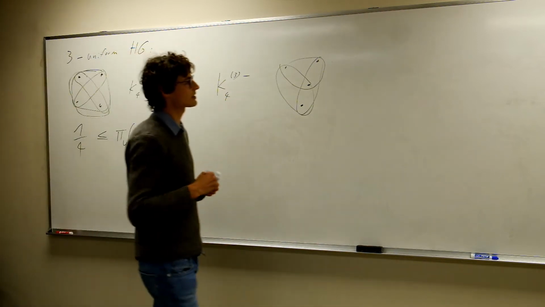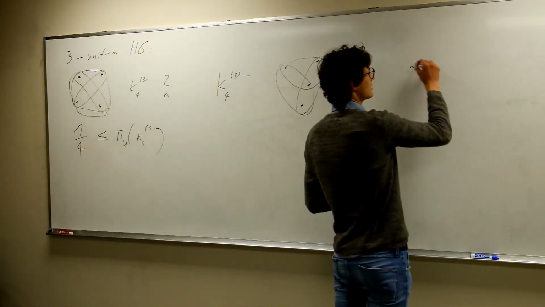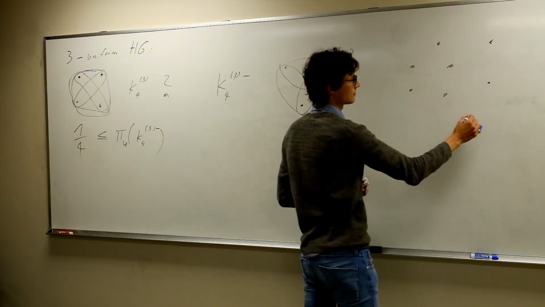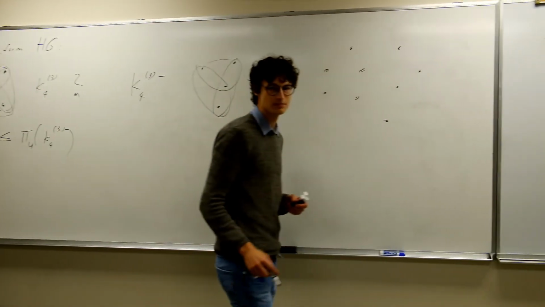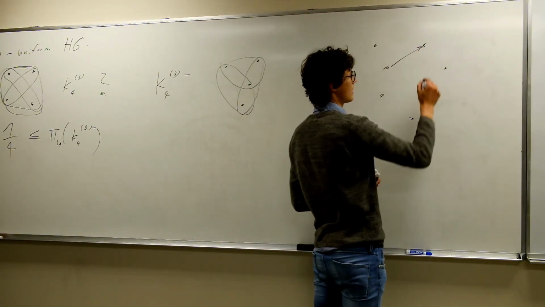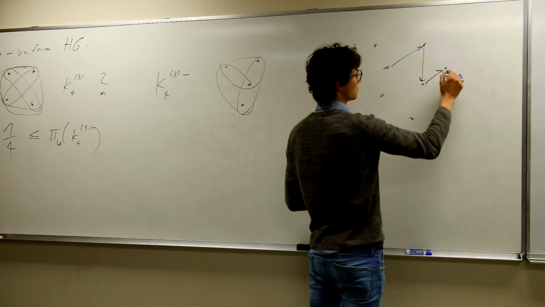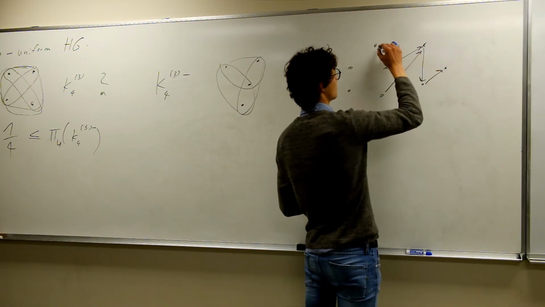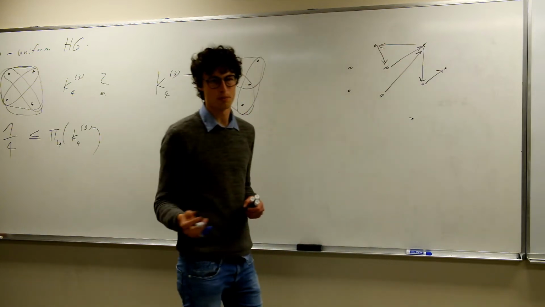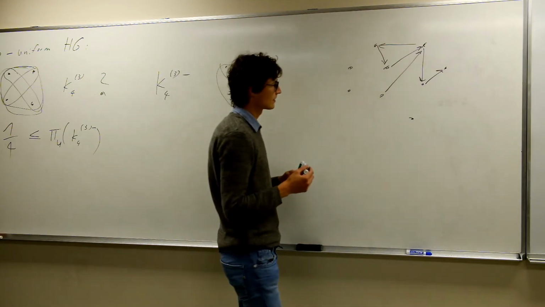So you just take a big set of vertices, as many as you wish, and between each pair you put in some arcs.